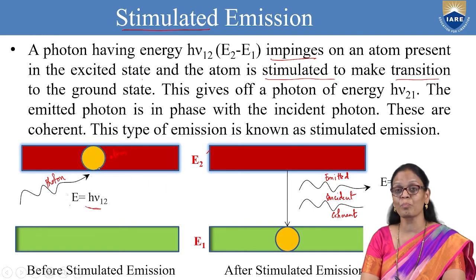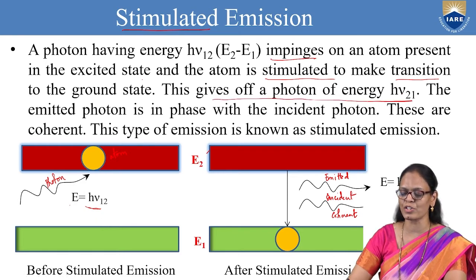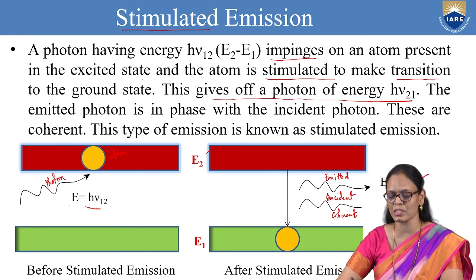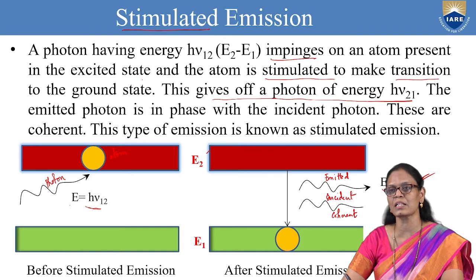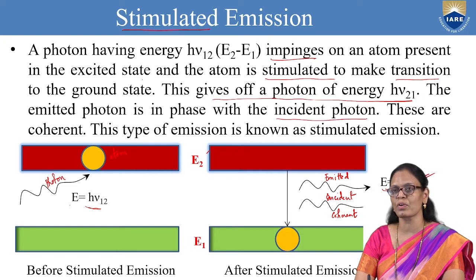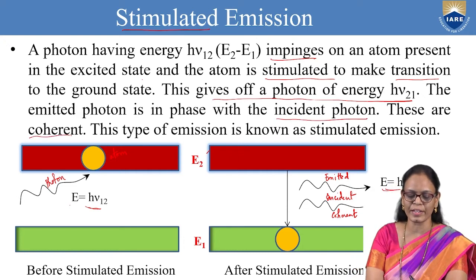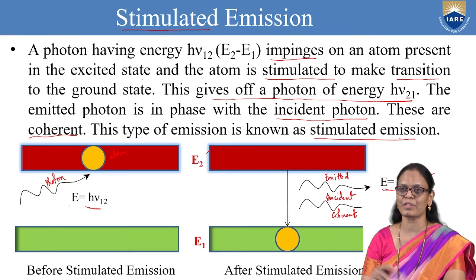So it gives off a photon of energy h nu 21 when it comes to the ground state. And also there is the incident photon. These two are coherent, they are in the same phase. So we call it stimulated emission.